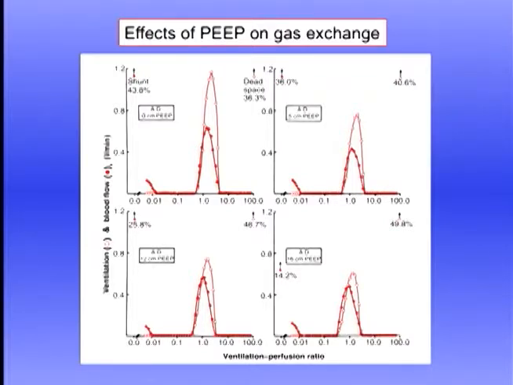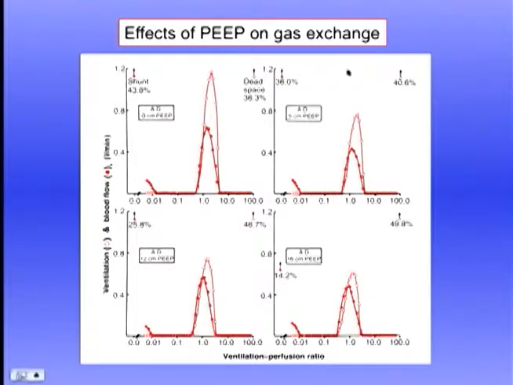And you can see here that on the top left we've got the situation with no PEEP. Okay, and the distribution looks moderately normal, a bit of blood flow to unventilated lung, but look, the shunt was 43.8%, so enormous shunt, enormous amount of blood flow of cardiac output going to unventilated alveoli.